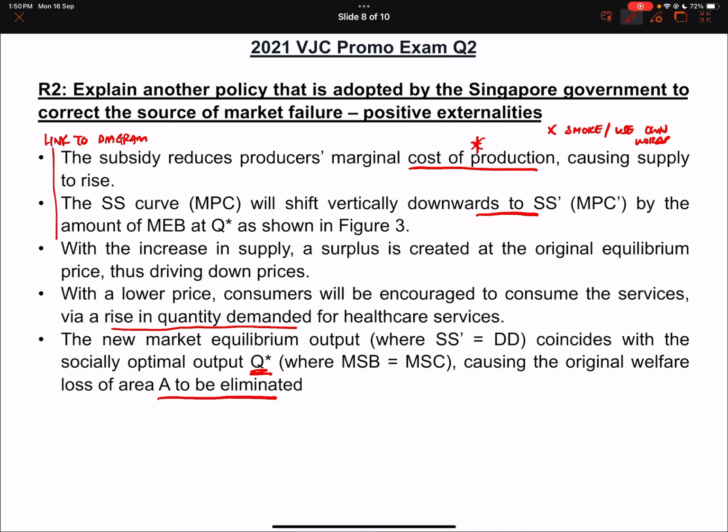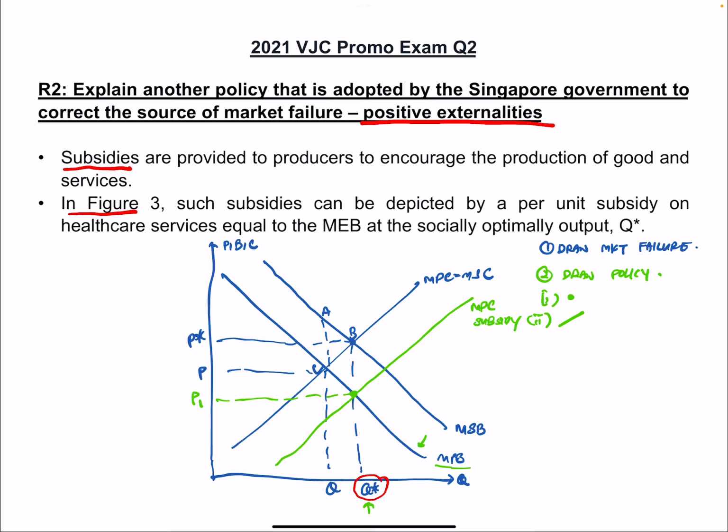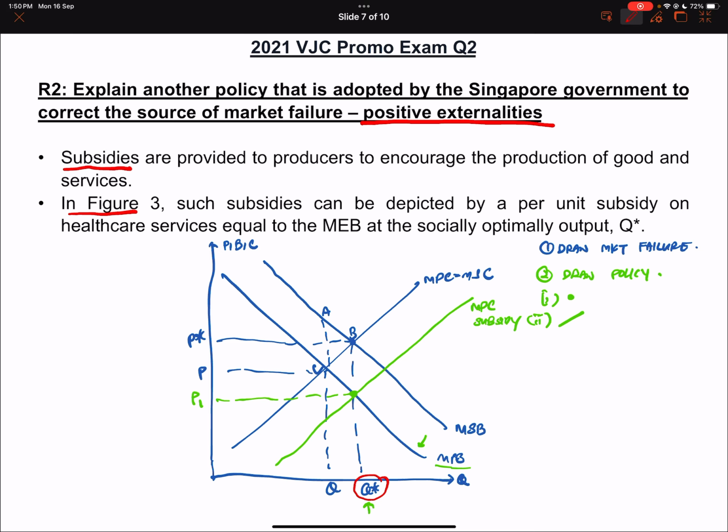After you do this, I also mentioned that policy is actually very easy to evaluate, so you should evaluate. I have 2 evaluations here. One is that it's hard to accurately estimate the level of MEB. This assumes that the government can find this green circle over here.